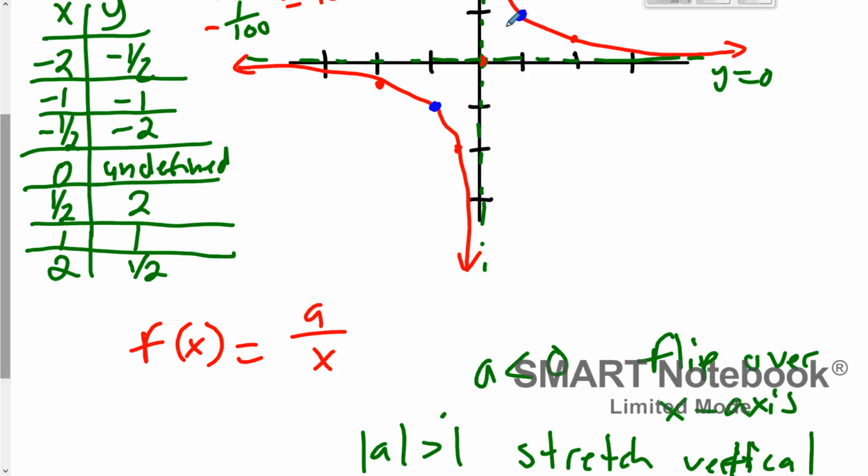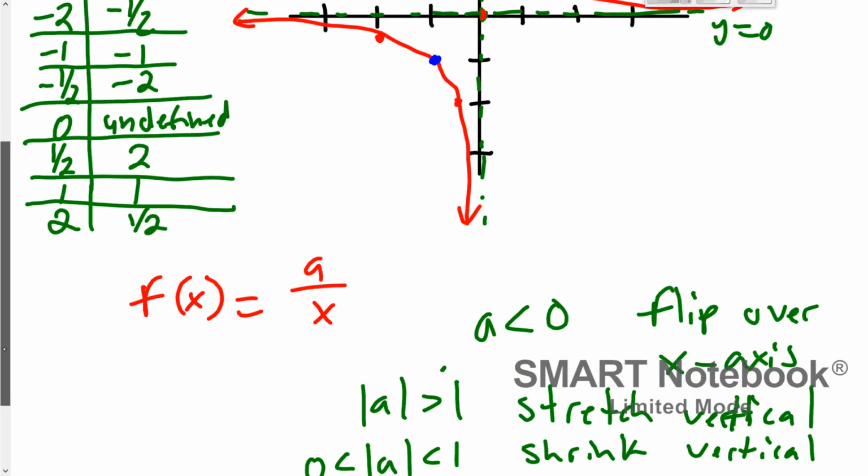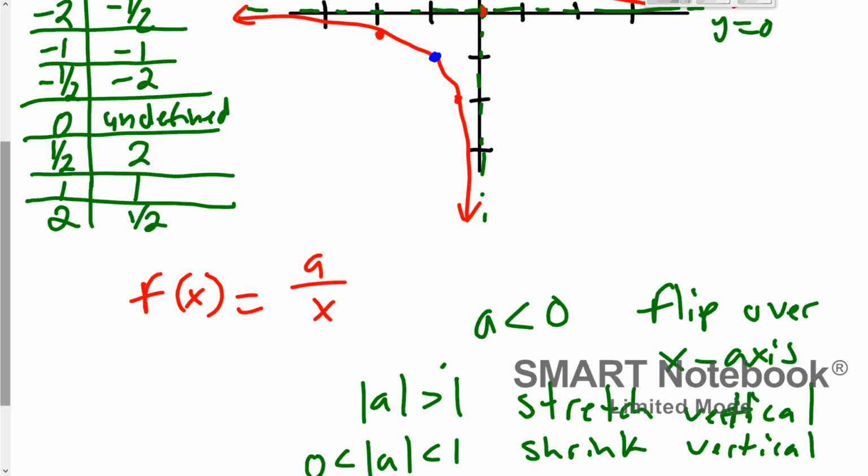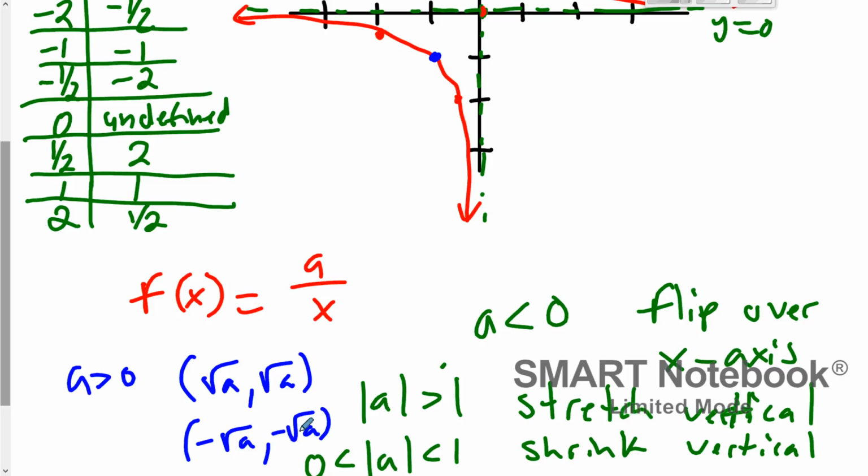What this vertical shifting does is, basically, whatever a is, the closest point to the origin, if a is positive, so if a is greater than 0, then the two closest points on each branch would be square root a, comma square root a, and negative square root a, comma negative square root a.